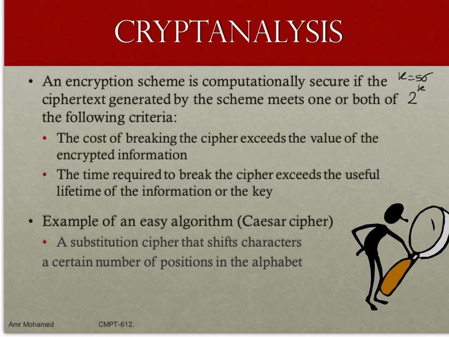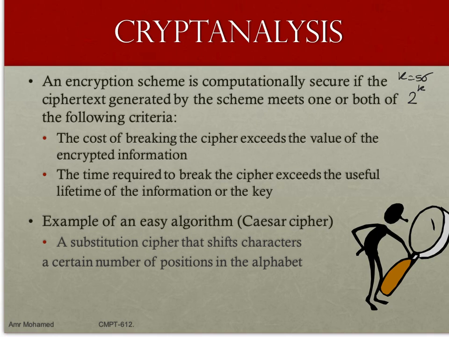This is brute force, but usually you will get to the answer way before that, because this is the maximum combinations. Worst case. This is the worst case scenario. Usually you get to the answer way before that. On average, you get to the answer in half the number of tries.